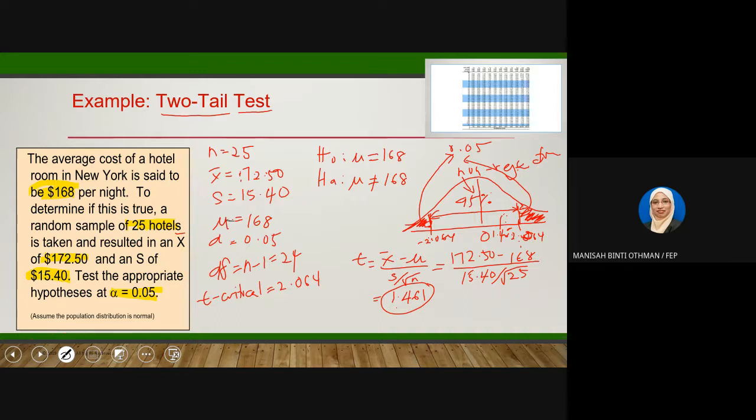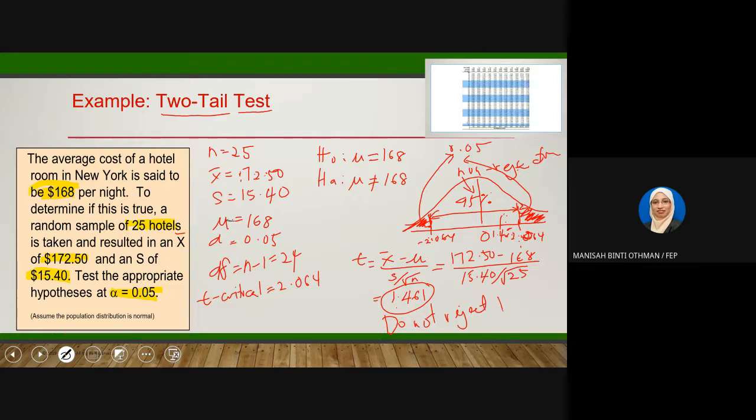So what are the non-rejection and rejection regions? When your t value is in the non-rejection region, your decision is do not reject the null hypothesis, because it falls in the non-rejection region.